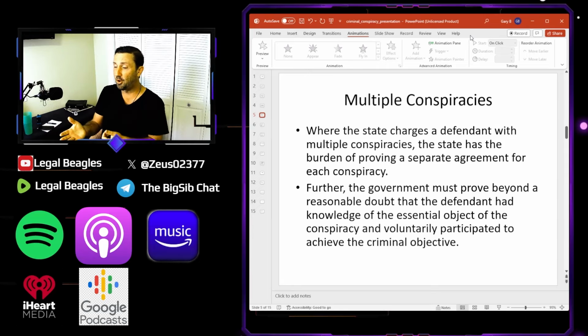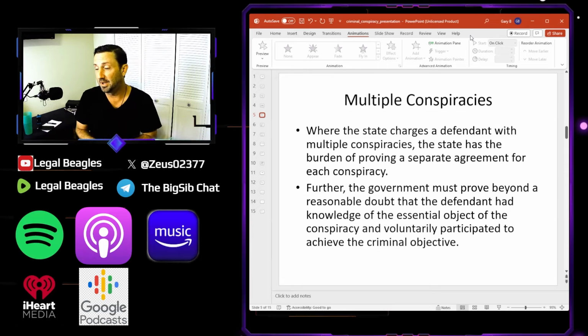So the second part would be further: the government must prove beyond a reasonable doubt that the defendant had knowledge of the essential object of the conspiracy and voluntarily participated to achieve the criminal objective.